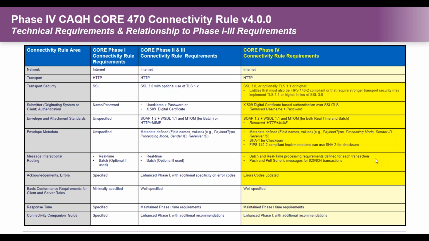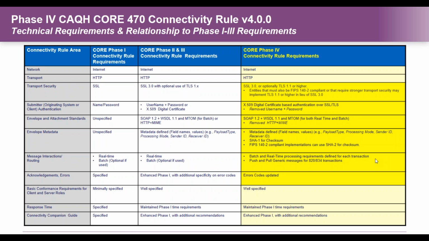The transport security requirements have been enhanced in phase 4 in terms of being slightly stronger, allowing TLS 1.1 or higher in lieu of SSL version 3 for both stronger security as well as FIPS 140-2 compliance.